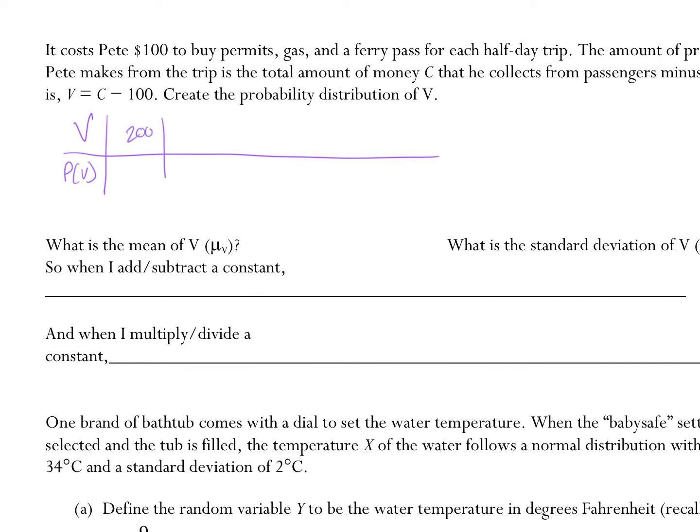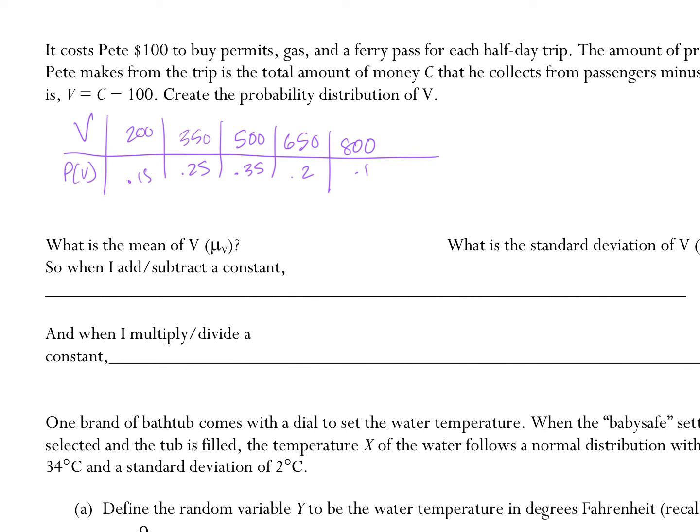What if he collects 450? What's his profit going to be? 350. And then so on and so forth. Each of those values go down by $100. Will the probabilities change? Nah. So this will be 0.15, 0.25, 0.35, 0.2, 0.1.